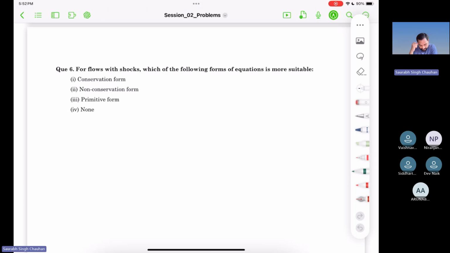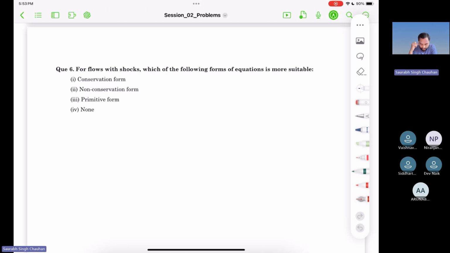Non-conservative equations are simpler to write and understand. But if the flow has any discontinuity or sudden changes, then that form is not suitable.